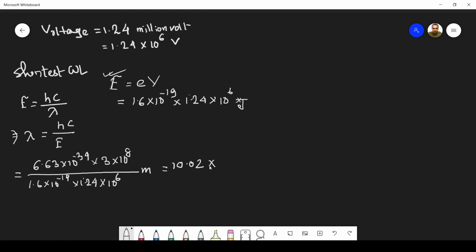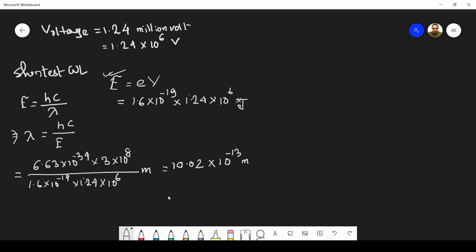Then the powers of 10: minus 34, plus 8, minus minus 19 and minus 6, which gives 10 to the power minus 13 meter.